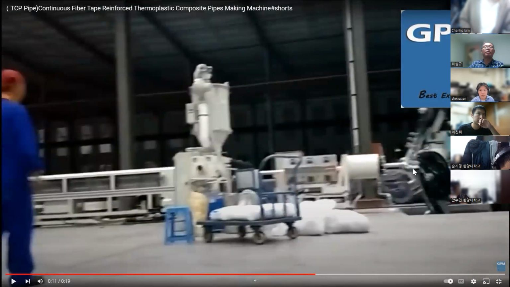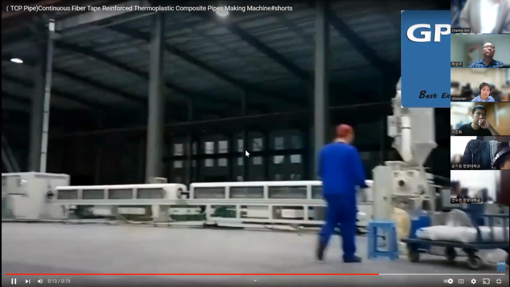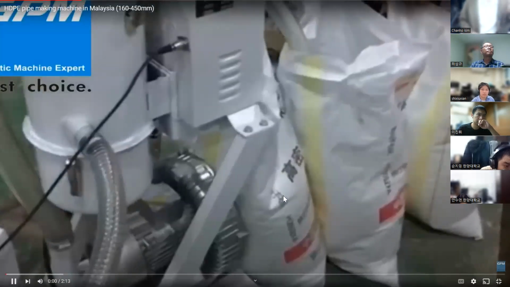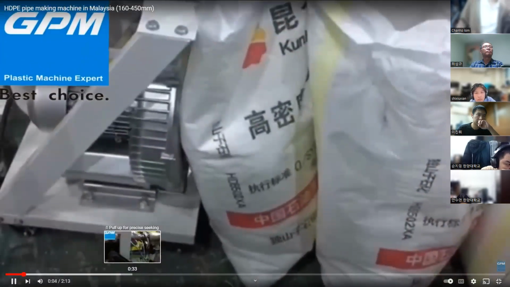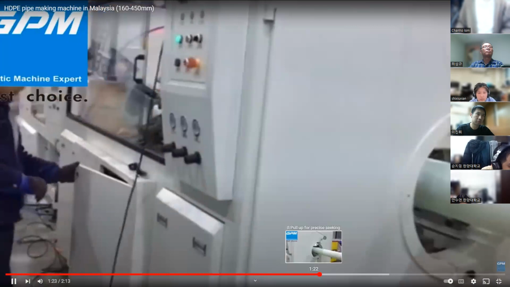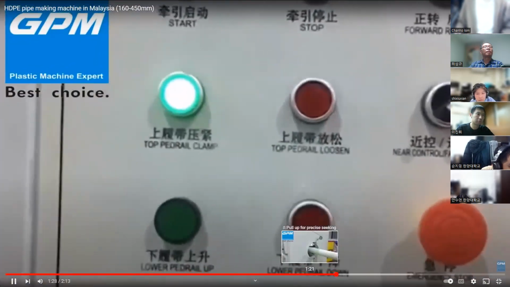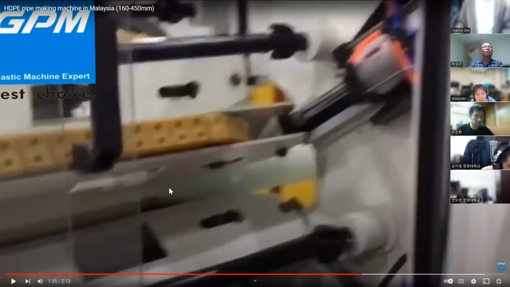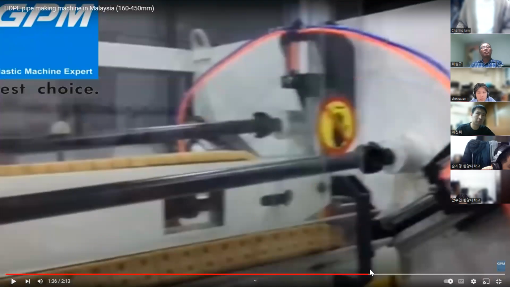You can see the tapes are wound over the pipe, as you can see, and this is the feeder, I mean the roller. This is like the pultrusion, a pull.